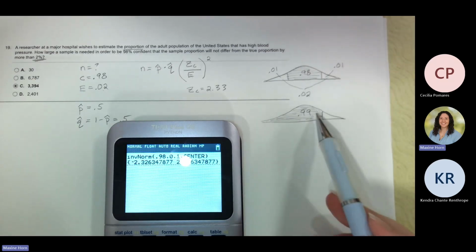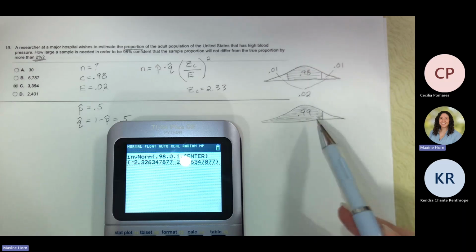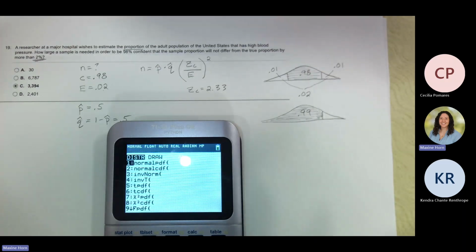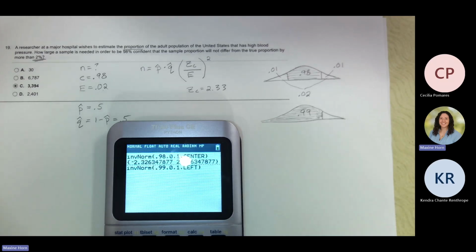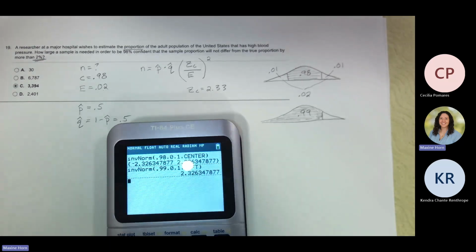Or if they're showing you the area to the left, then you go inverse norm and the area is 0.99, which again, if we round, goes to 2.33. So either way, you're getting 2.33.